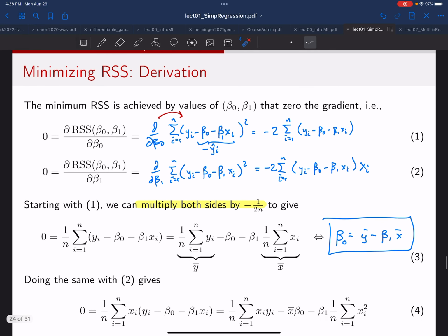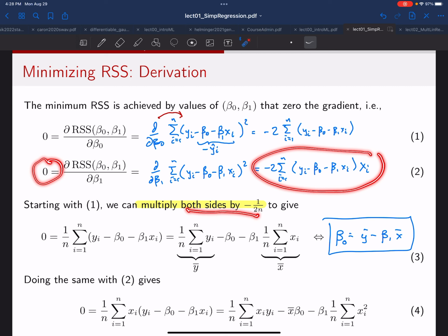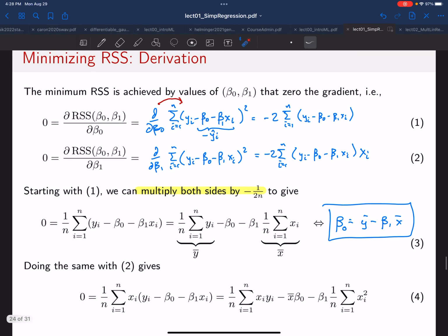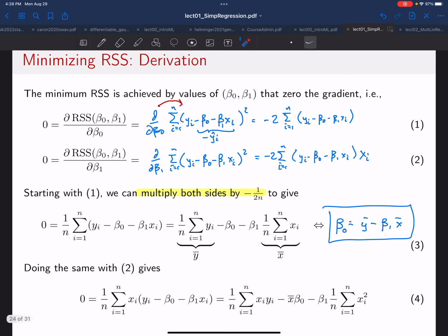Okay. So we're going to start with equation 2, and we're going to do the same thing. We're going to multiply both sides of this equation by minus 1 over 2n. So we're going to get 0 on the left side, and this is going to change to 1 over n on the right side here. And now we can do the same thing where we get the average of this. That gives us this term.